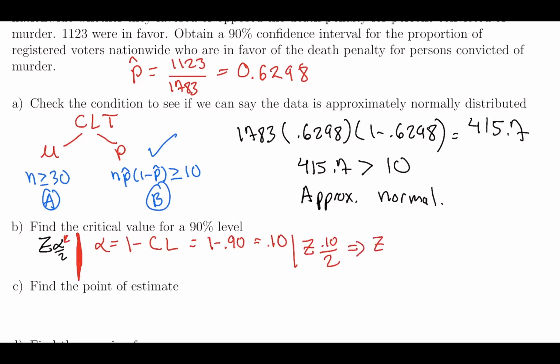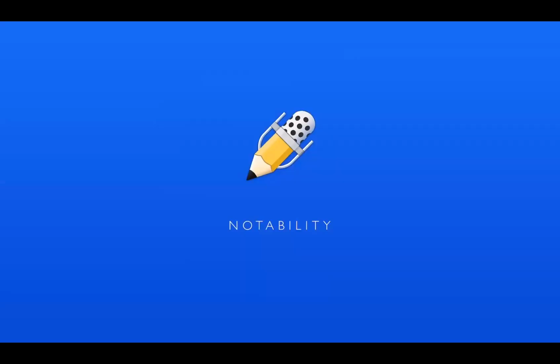So you get z of 0.05. All right. Any questions so far? I got 0.05. All right, so this is the moment that you're gonna need the t table. So I'm gonna go ahead and switch this over to the t table.